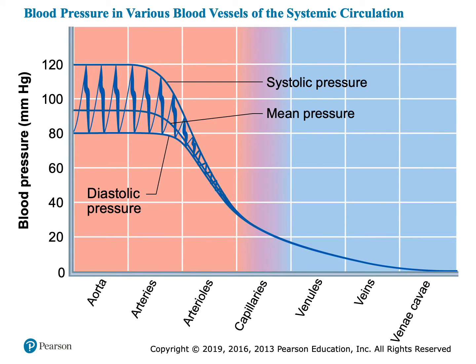So here we go. When we talk about blood pressure, we're talking about the pressure at the aorta. We're measuring at, let's say, the brachial artery, but that's pretty darn close to the aorta. We're not down at our toe.